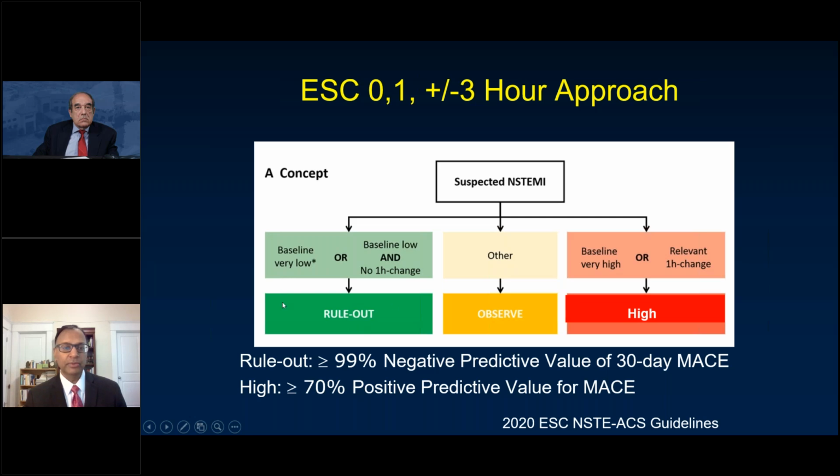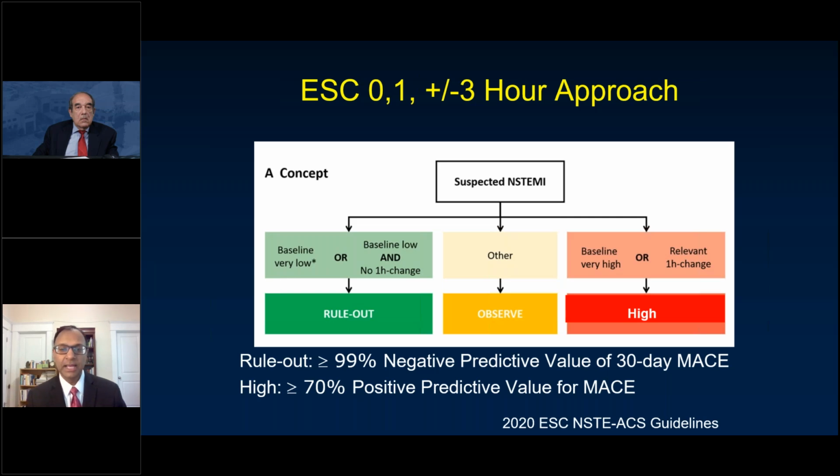The goal for the low risk or the rule out population is, according to studies, this population should have more than a 99% negative predictive value of death or MI at 30 days, not just in that inpatient initial encounter, which means a less than 1% MACE rate at 30 days of death or MI.